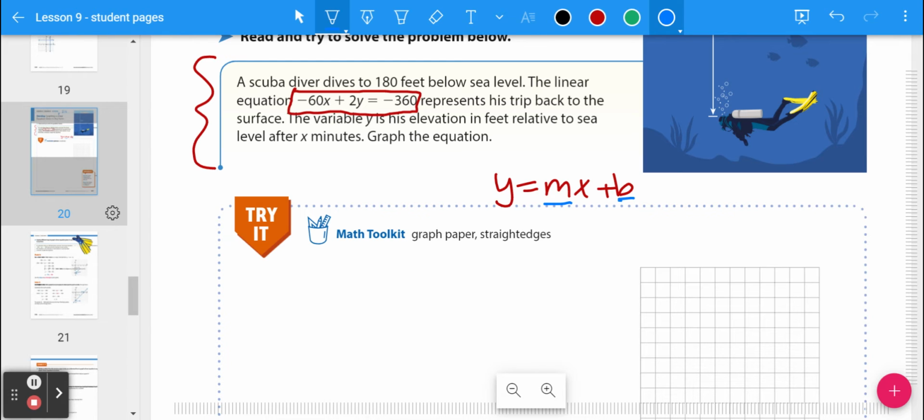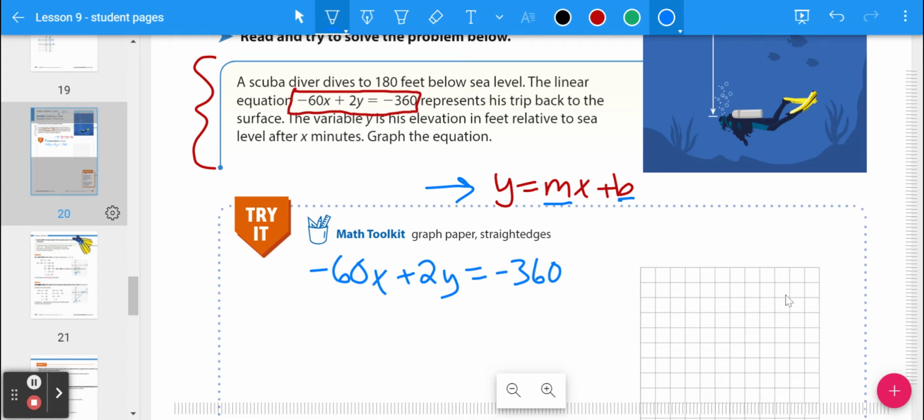But this equation, negative 60x plus 2y equals negative 360, isn't anything close to looking like that form. And we can't just say, well, there's a number in front of the x. Again, this only works if it's in the form y equals slope times x plus the y-intercept. So y equals mx plus b. So what can we do?